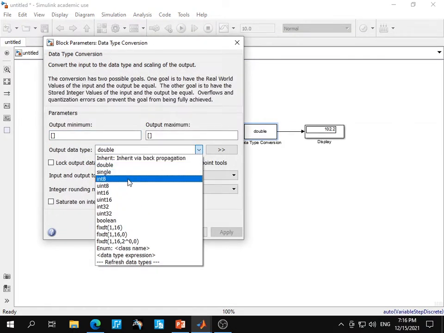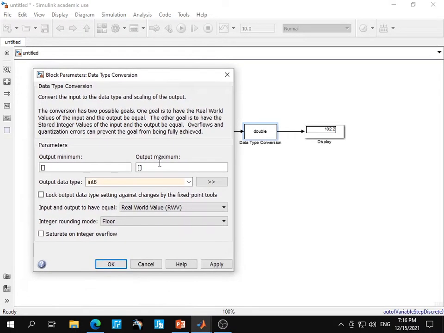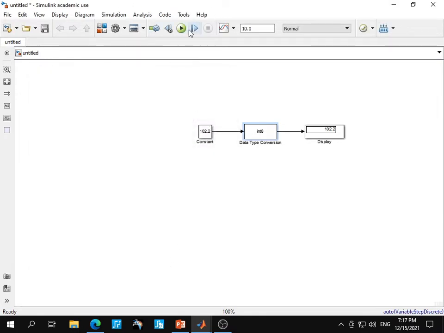But if you choose integer, it will just automatically cancel out those numbers behind that are smaller than 1.